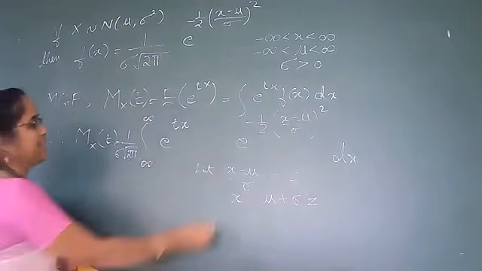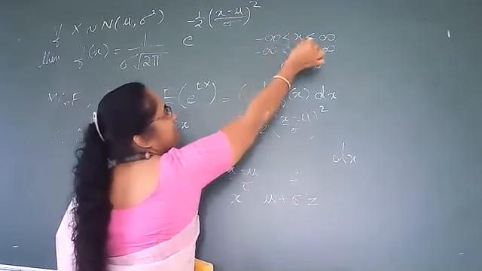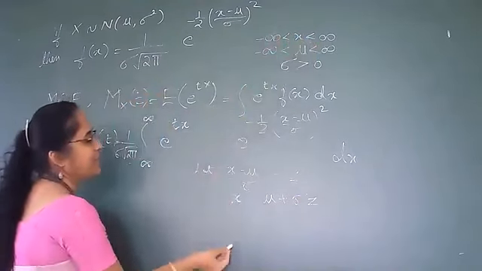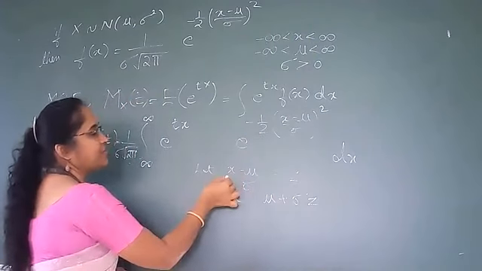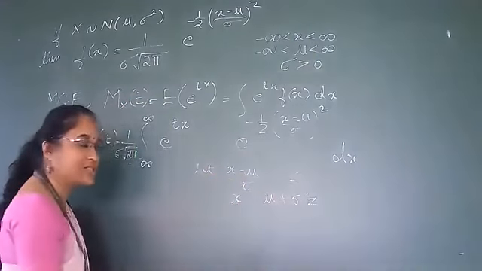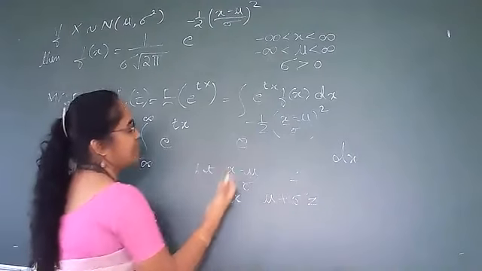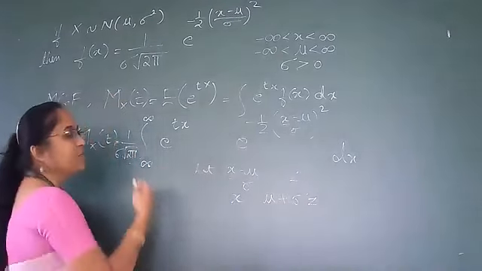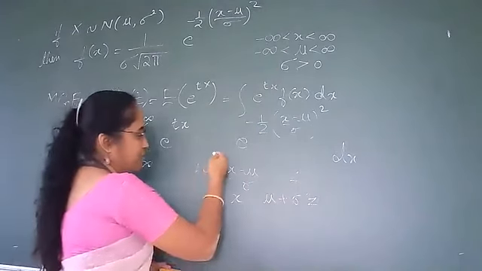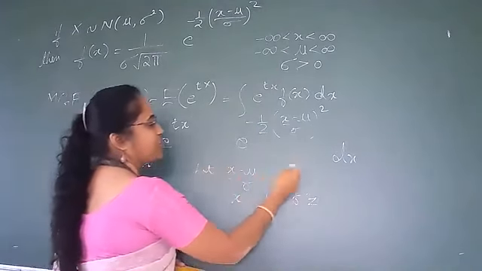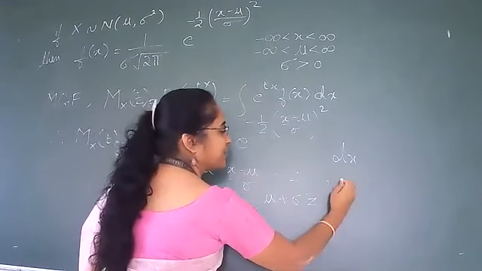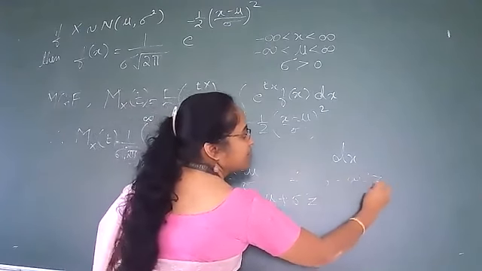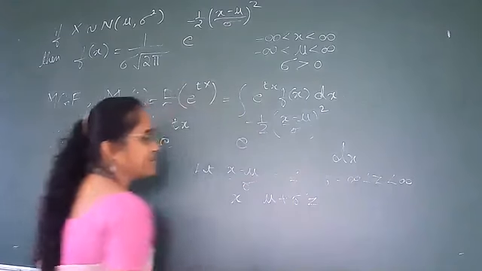Now we know that x is a value between minus infinity and plus infinity. So whenever x takes the value minus infinity, z will also be minus infinity. Whenever x takes the value plus infinity, z will also be plus infinity, and therefore the range of z under the transformation (x minus mu) upon sigma equal to z is also between minus infinity and plus infinity.